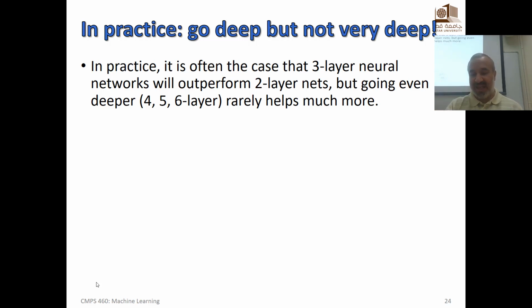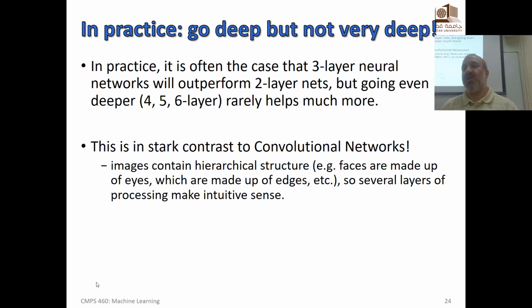Actually, the clear case that is known is what we call convolutional networks. Have you heard about CNNs, or convolutional neural networks? Usually, this type of network is used for image processing, and with images, you need multiple layers because of the concepts that are learned in each layer. For example, if we are trying to detect humans in an image, these layers will represent features that are extracted from the image.